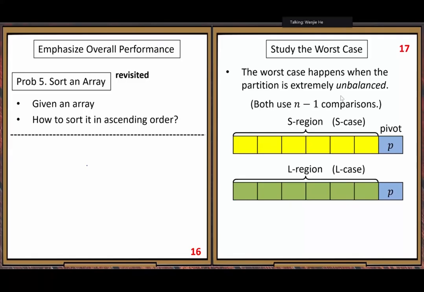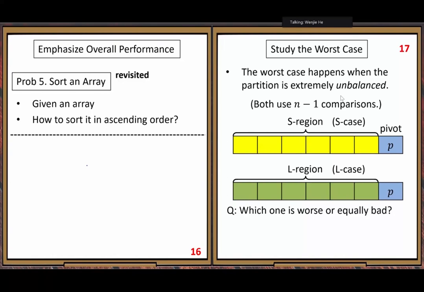Here you can see, for these two worst cases, we need to use n-1 comparisons. But after n-1 comparisons, you only reduce the data size by 1. So size reduction is very slow. The whole algorithm is slow.